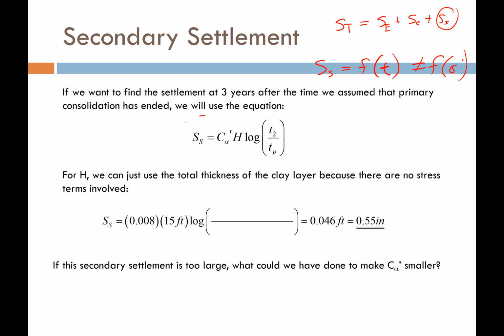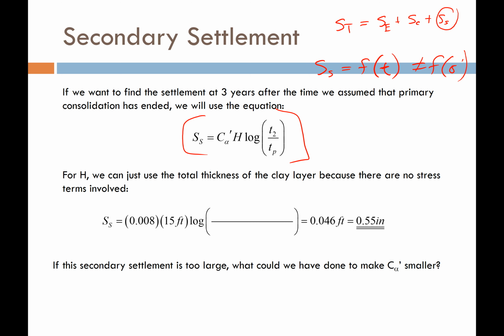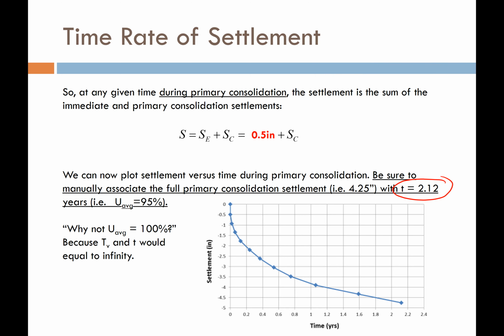So here's the equation that I gave you to compute secondary consolidation settlements. This is our modified secondary compression index we get from a time rate curve. This is the thickness of the entire clay layer. This is the time for primary consolidation to end, and remember, we computed that in the time rate calculation as being 2.12 years.